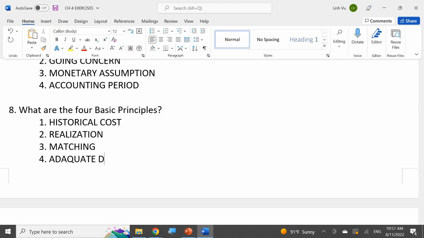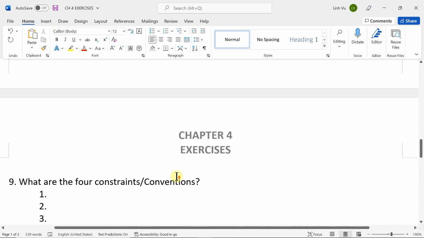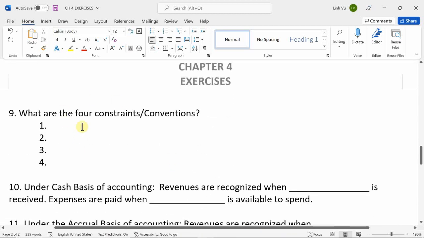Adequate disclosure principle. Adequate disclosure. Good. And then what are the 4 constraints and conventions?